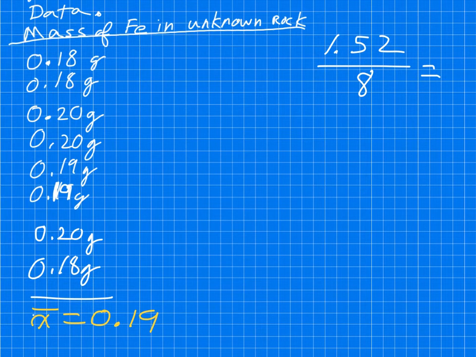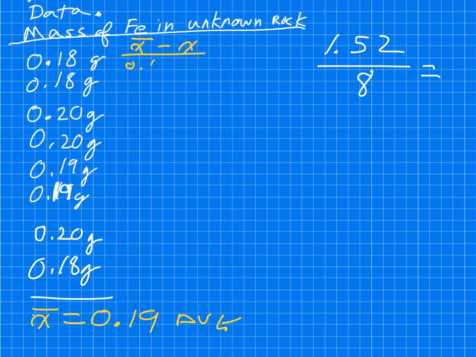All right, so now we've got our average. Now let's get to work on that variance. Step 1 in calculating your standard deviation or your variance is to subtract each measurement from the average. So let's do that. The average minus x is what we're doing here.